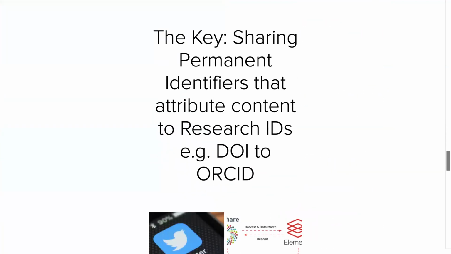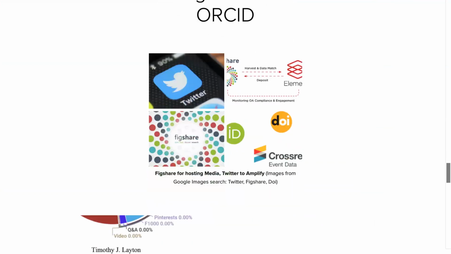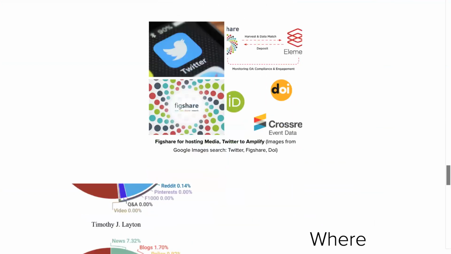So the key really with AltMetrics is making that link to the permanent identifiers, the DOI. So you need to make sure that whatever you are giving out on social media actually has a DOI. Of course, traditional journals do, but you can get DOIs for non-traditional media using platforms now like Figshare, because that's what they're all about.